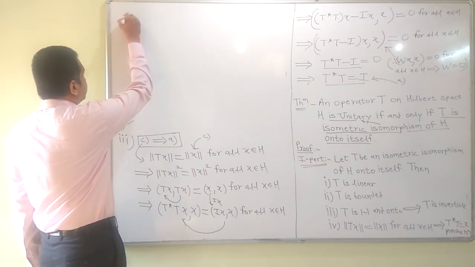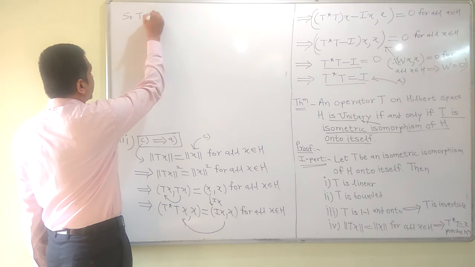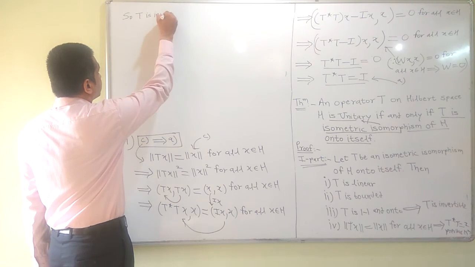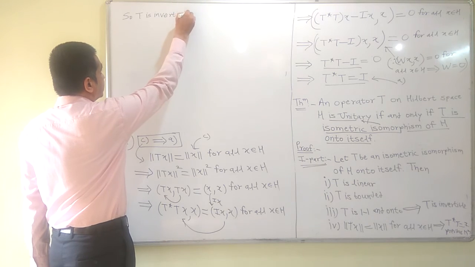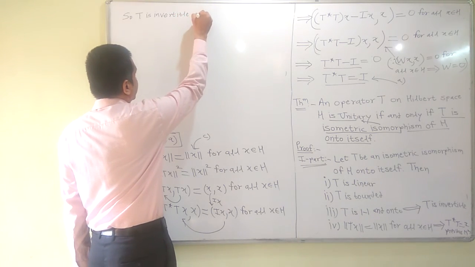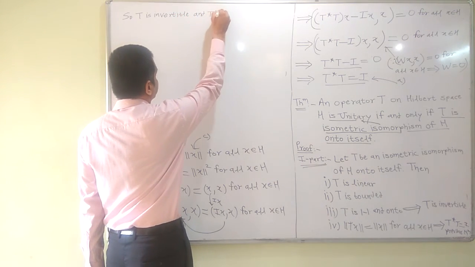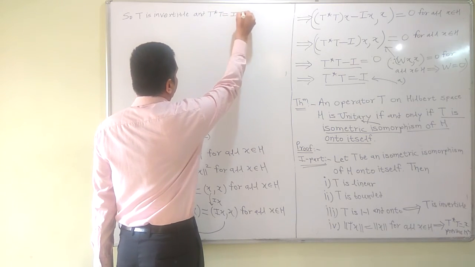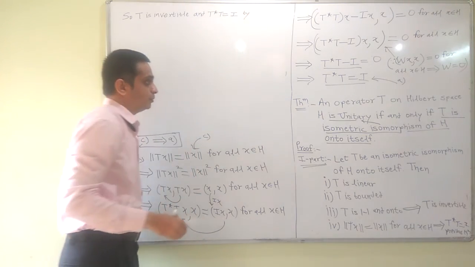So, T is invertible and T star T equals I by the previous theorem which we have proved.